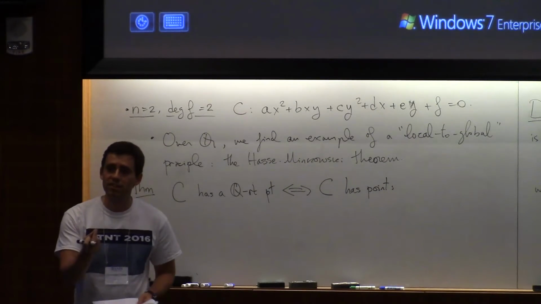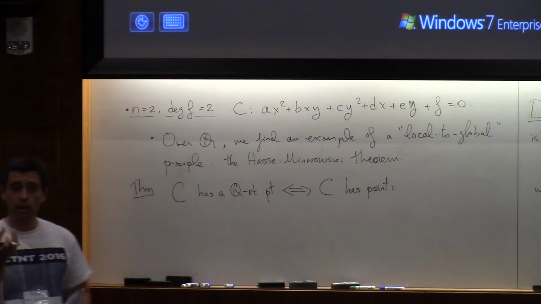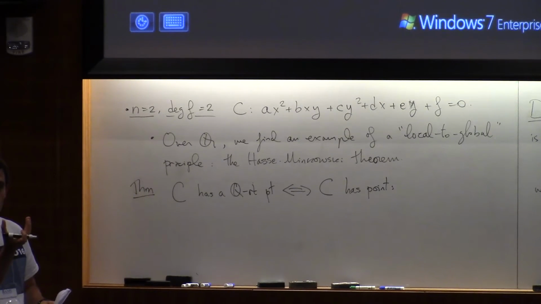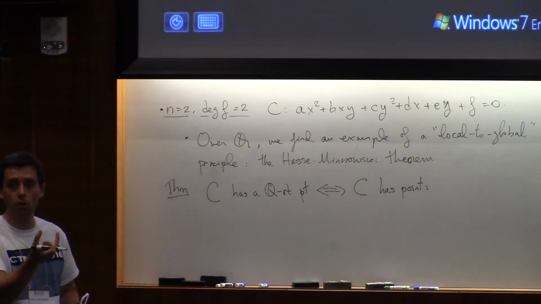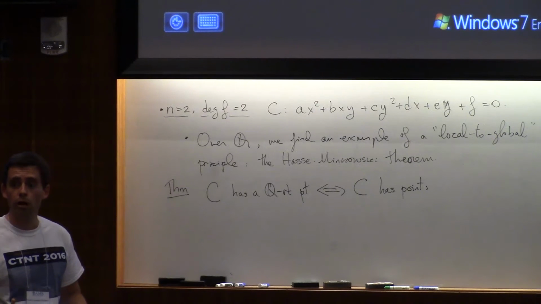And locally means here, like locally in the real numbers. If you look locally at a local interval, are there points in there? If I find points, then there are points locally. But there is more to local.